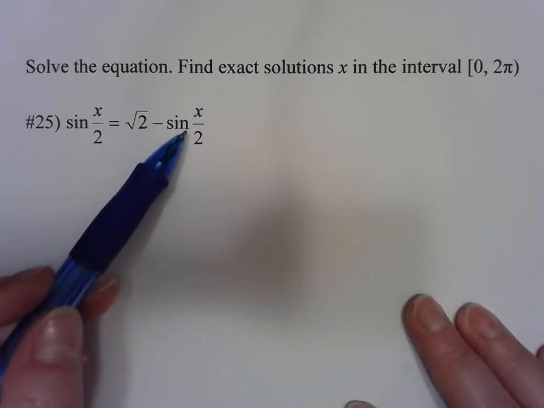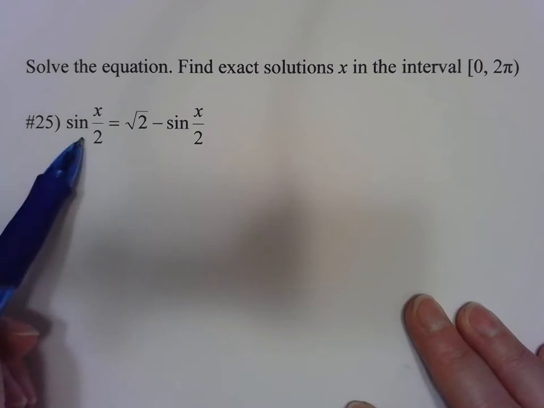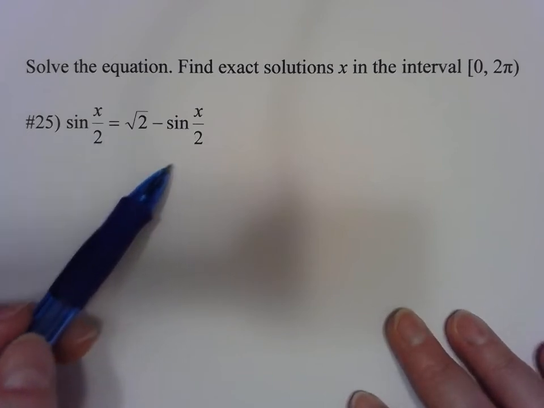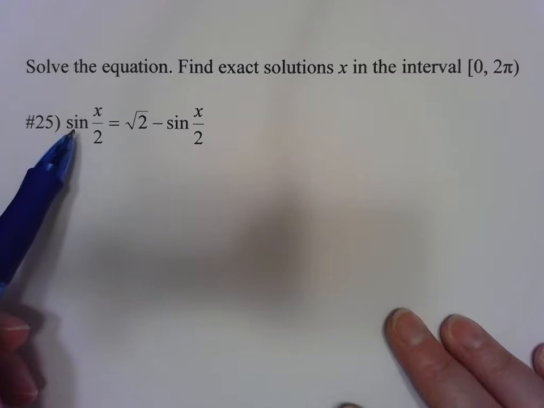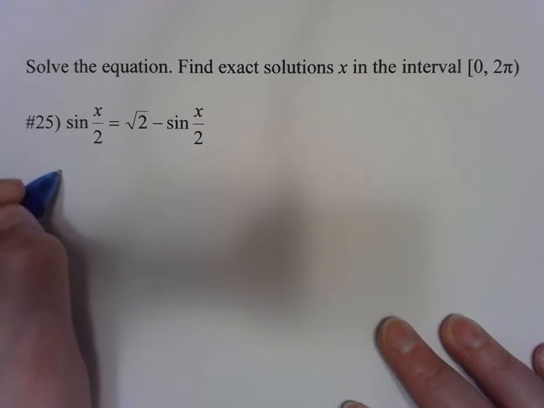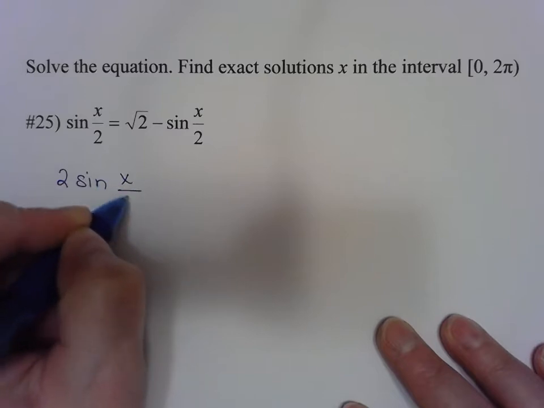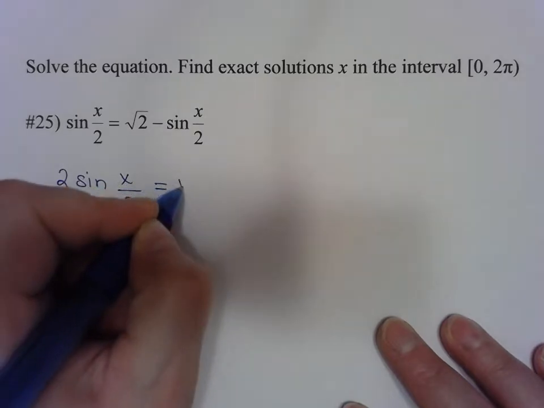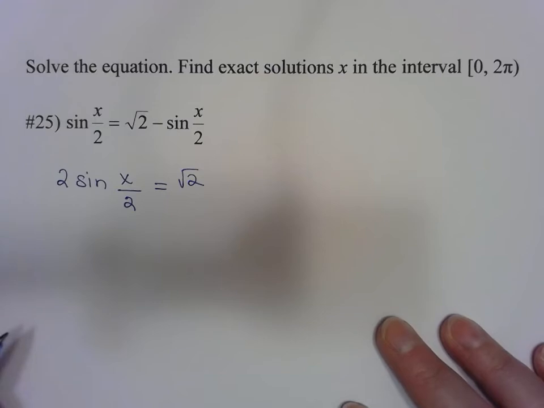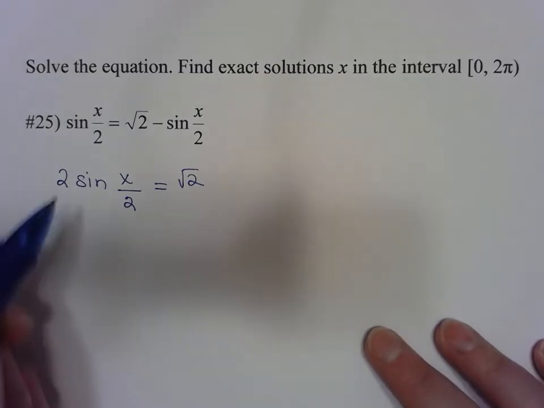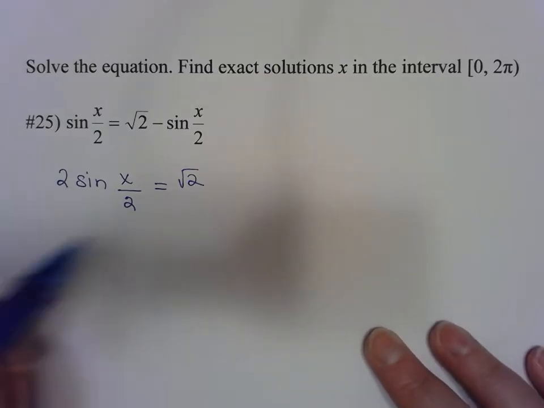We can get common terms together. These are both the same. So if I add sine of x over 2 over to the left side, that's going to give me 2 times the sine of x over 2. And then I can divide this 2 over to the other side.